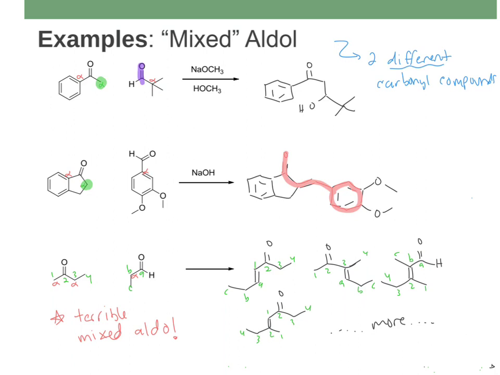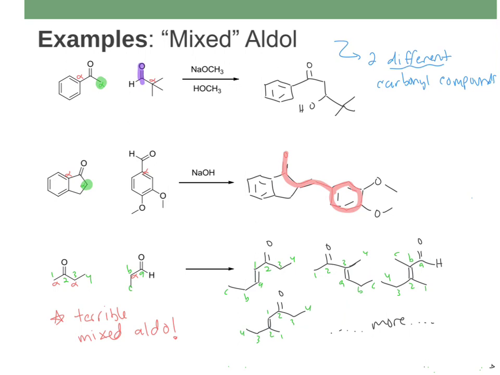If you are ever going to do a mixed aldol, you want to make sure that you basically just have one molecule that has the alpha hydrogens so that you don't get these crazy mixtures. You take off the hydrogens from that one molecule and then it attacks a different carbonyl, ideally.